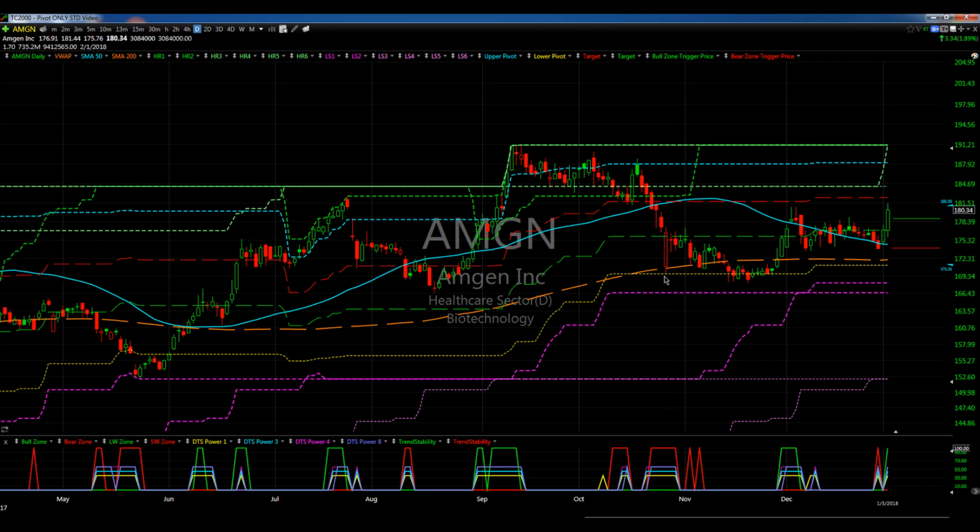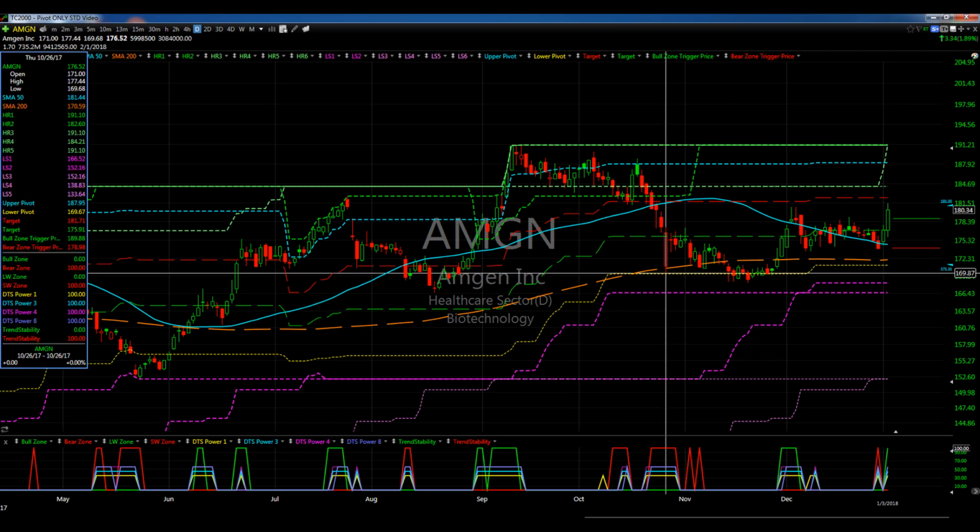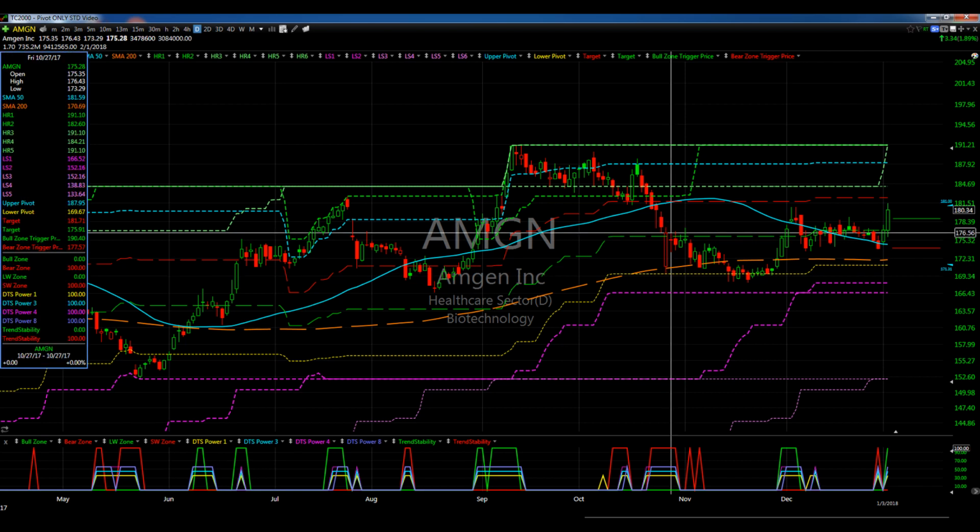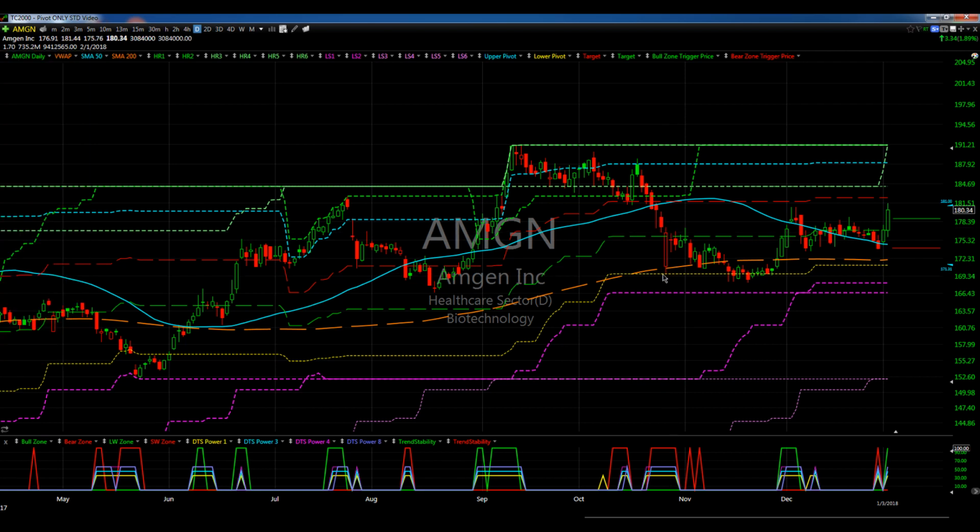Within 1 cent, it held that line and bounced that day for a huge bounce. It's not a support level, but it's where I look for stocks to try to hold. It's where I look if I'm short, say from here, this is where I'm looking to get out. I'm looking to move 2 levels, target 1, target 2, going up, target 1, target 2.